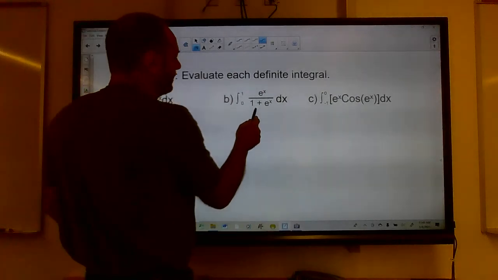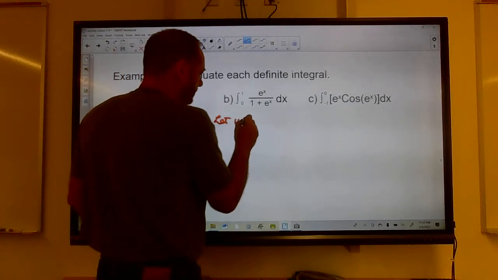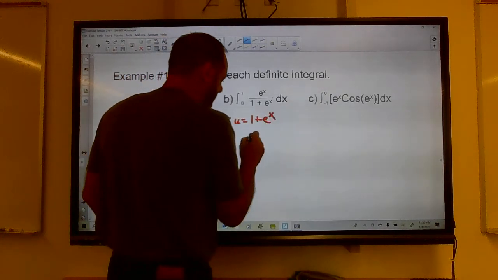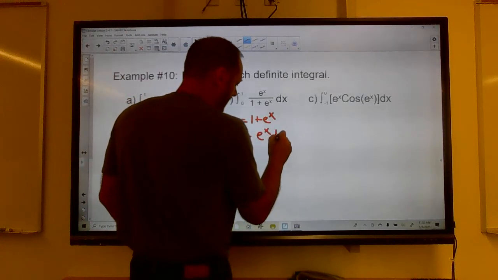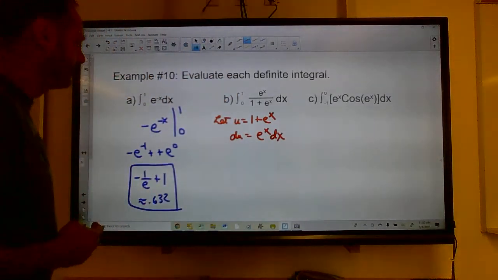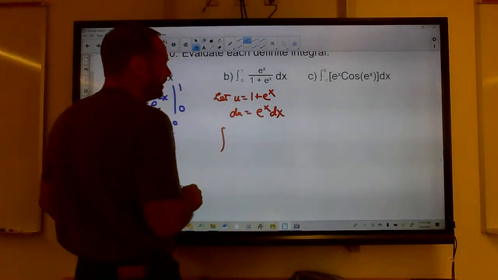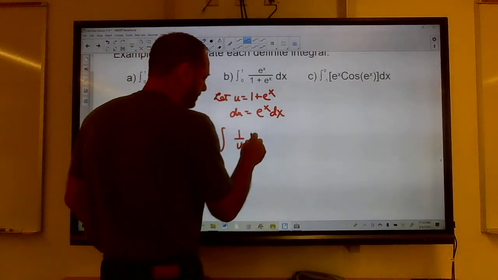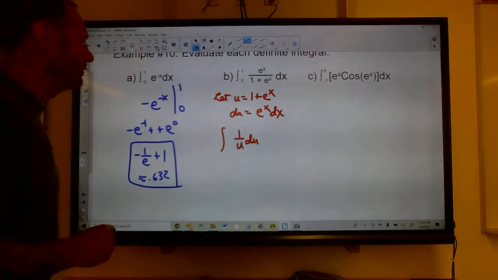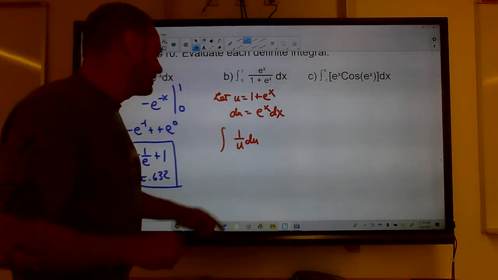Okay, this would be one we'd want to do by u substitution. So we will let u equal 1 plus e to the x, so that du is just e to the x dx. Now we can change this to be the integral of 1 over u du.